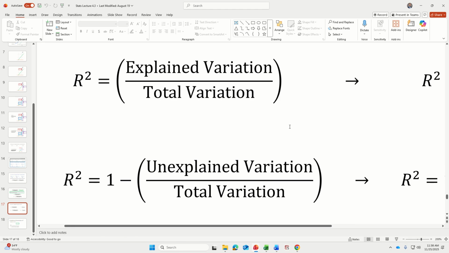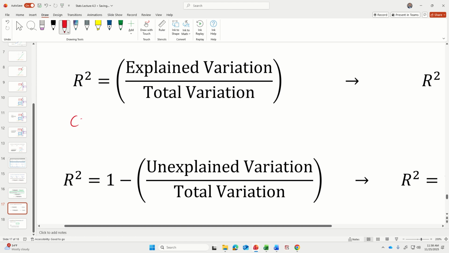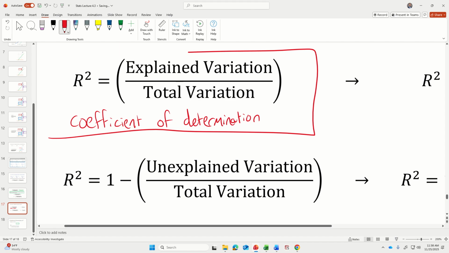This coefficient of determination is a ratio of the explained variation divided by the total variation.